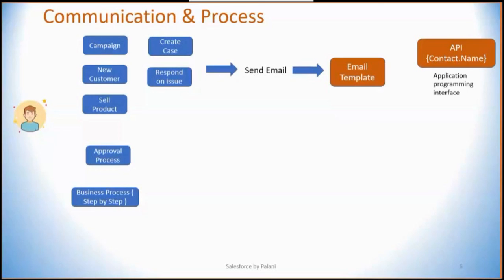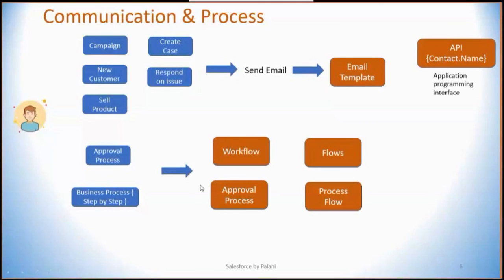In a typical business world, you will always have these kinds of approvals, and business processes have to be implemented. In order to do this, Salesforce gives these 4 features. Again, don't worry too much about them. In upcoming sessions, we are going to talk about them and you will learn them as part of your Trailhead guide too.